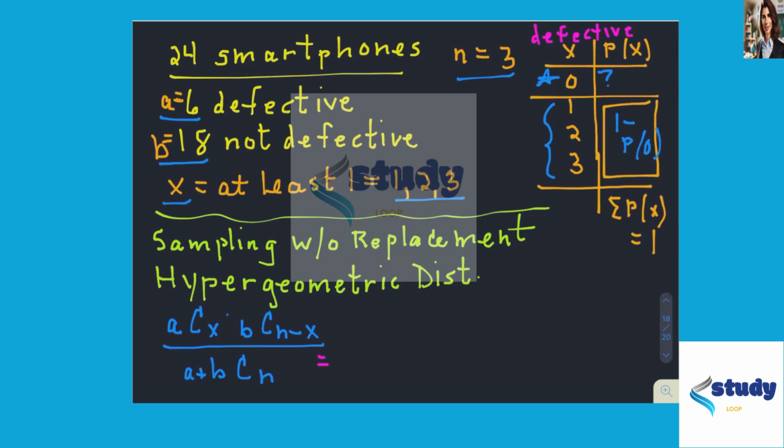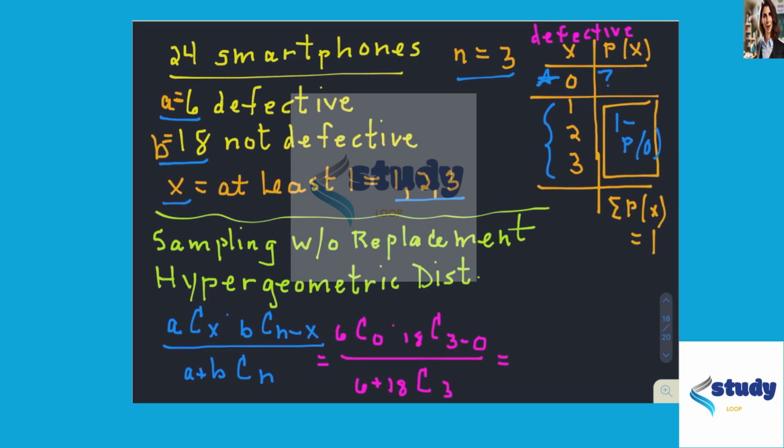So we're going to have 6 items taken 0 at a time times 18 items taken n minus 0 at a time, all over 6 plus 18 items taken 3 at a time.